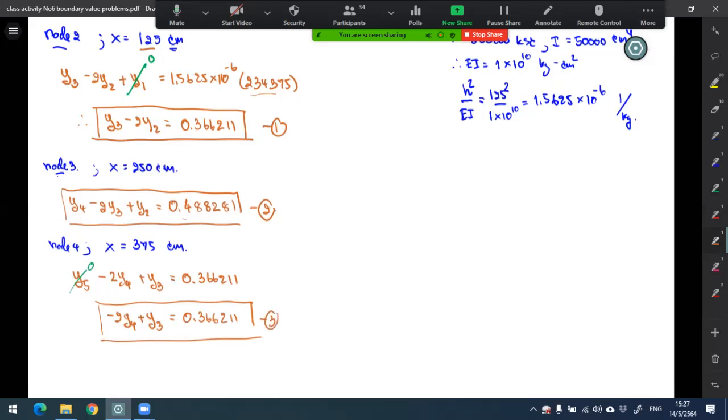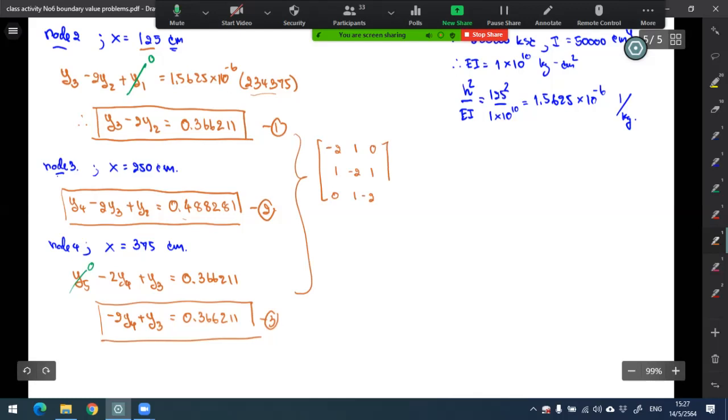Okay, then from these 3 equations, we can rewrite it into the matrix form like this. You will see that the stiffness matrix over here is a symmetric matrix. Normally it should be symmetric.